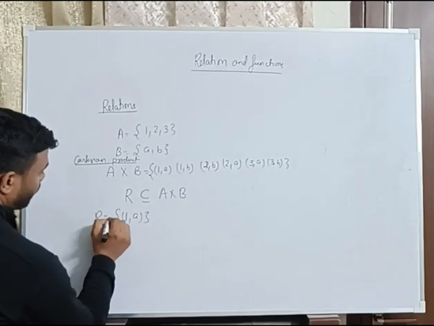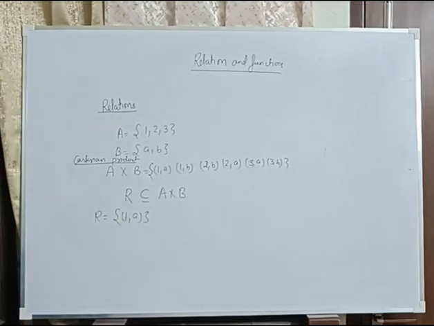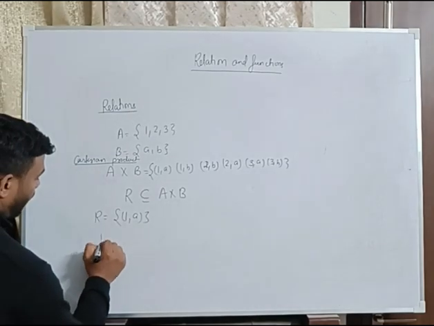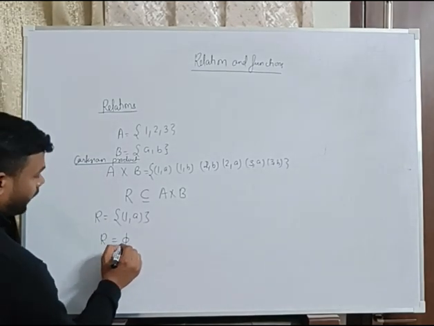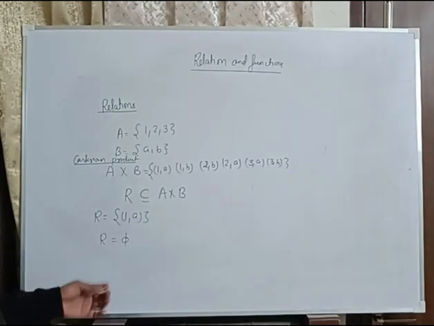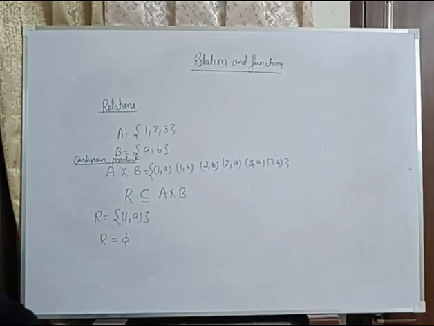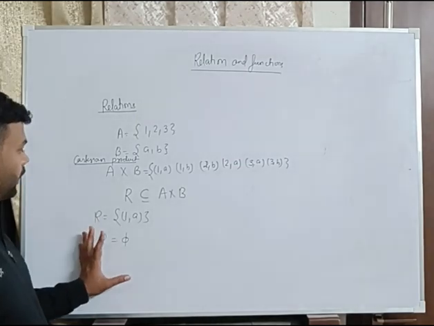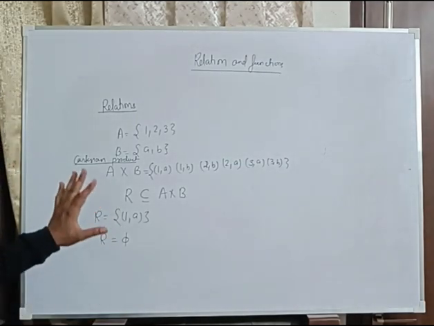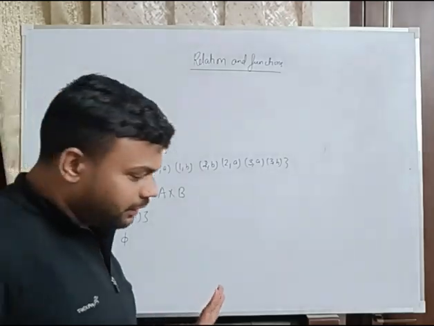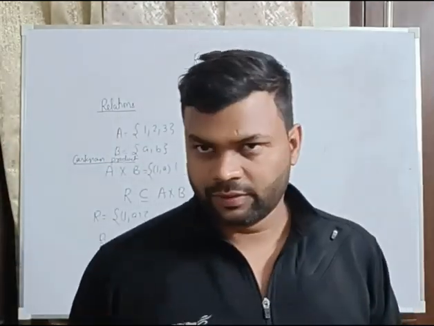Because why is it a relation? Because it is a subset of the Cartesian product. Even if we say R equal to phi, phi means empty set or null set, it is also a type of relation that we are going to discuss in the coming topic. So this thing is a relation. Till now we have learned what a relation is. Relation is a subset of a Cartesian product.